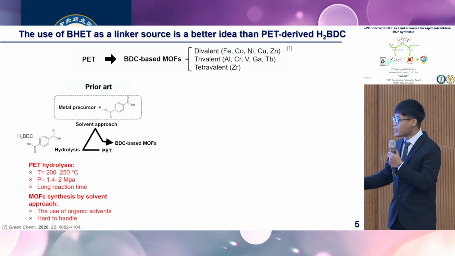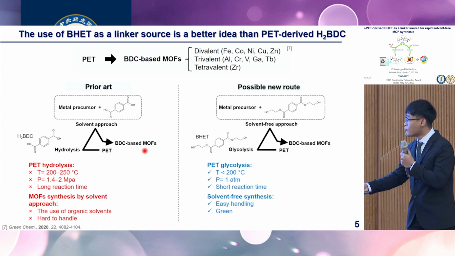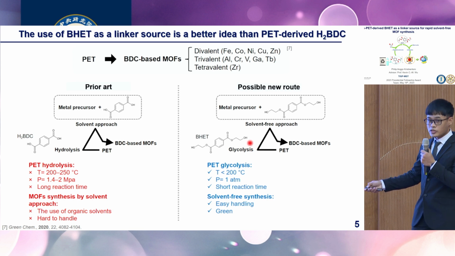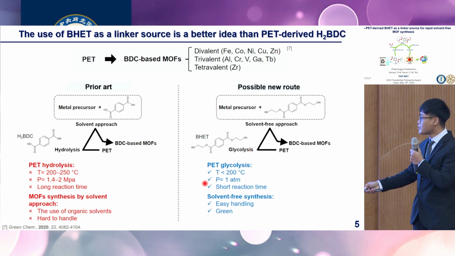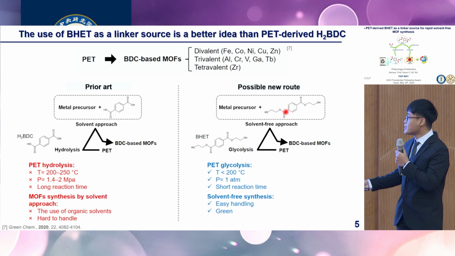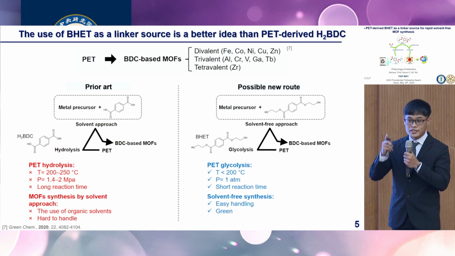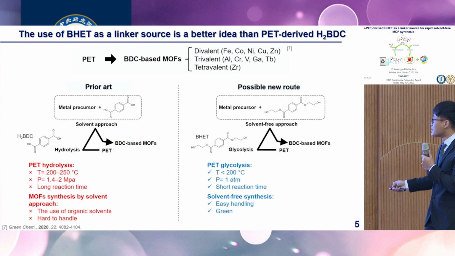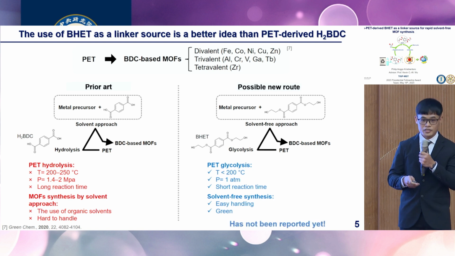For example, we can change hydrolysis to glycolysis because the reaction conditions for PET glycolysis are much milder than those of PET hydrolysis. And we can change the solvent approach for MOF synthesis to a solvent-free approach because it is much easier to handle and more green compared to the solvent approach. The most important thing about this pathway is that it has not been reported so far.